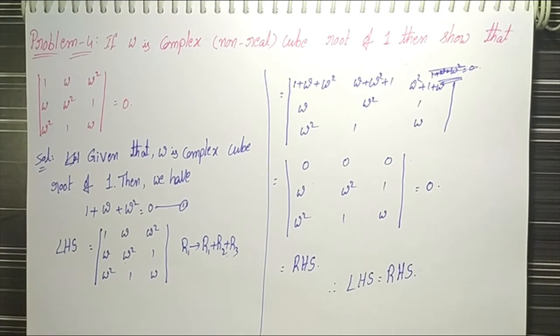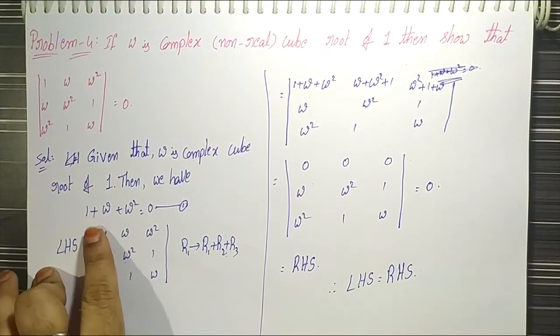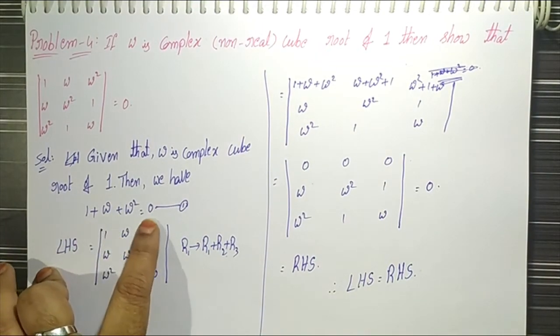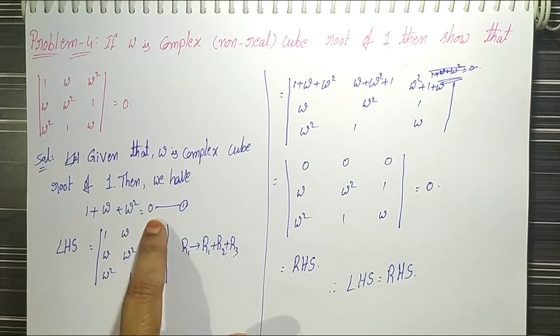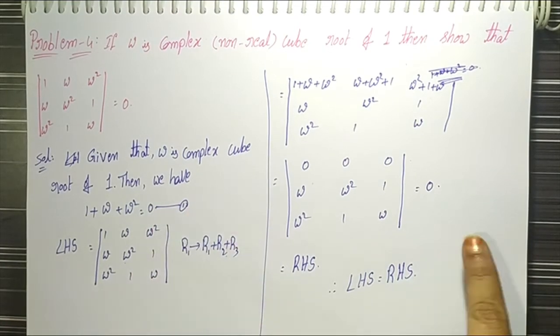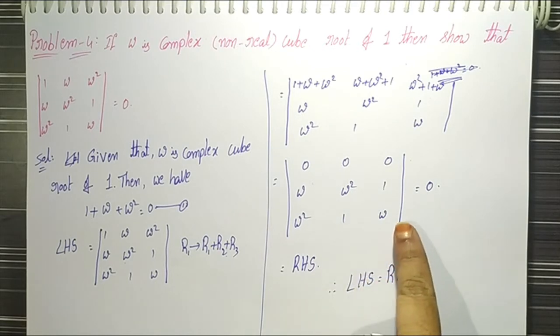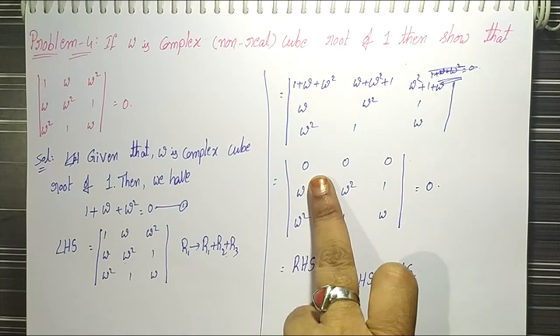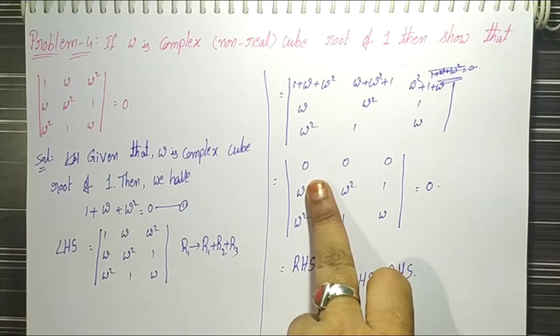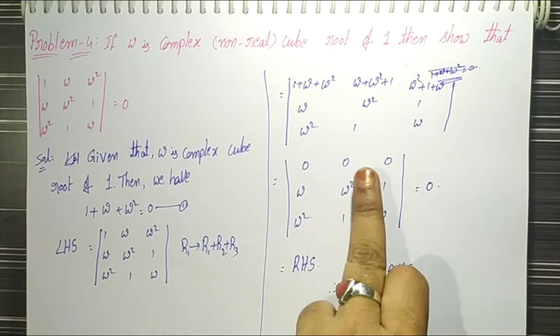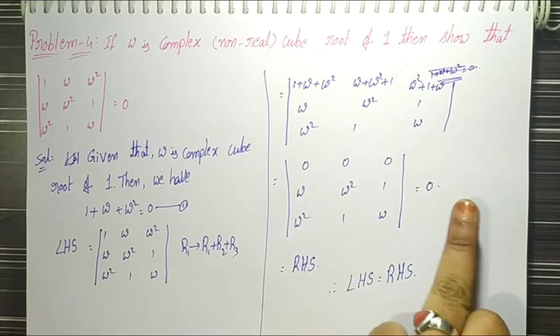In this problem, there are two main points. First, 1 plus omega plus omega square equal to 0 is one of the most important points, and the other point is the determinant property that if all the elements in a row or a column are equal to 0, then the determinant value is equal to 0.